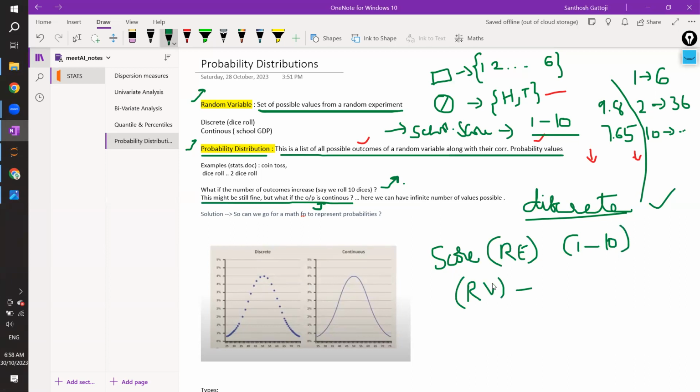Now what is the random variable? Random variable is simply the set of possible values from this random experiment. Now what are the possible values, guys? From 1 to 10? Between 1 to 10.